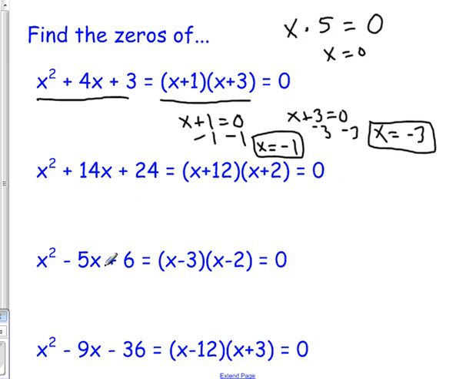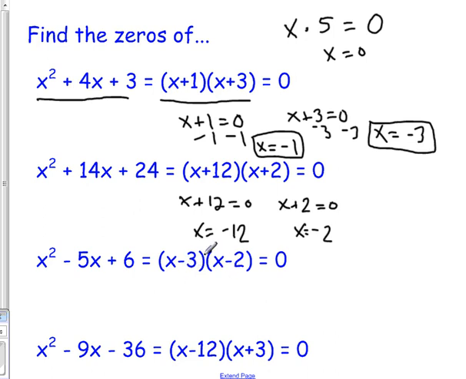So the same thing with all the rest of them. If we have x plus 12 times x plus 2 equals 0, well, either x plus 12 is 0, or x plus 2 is 0. So in this case, x would have to be negative 12, and here x would have to be negative 2. Okay, in this one, same idea.